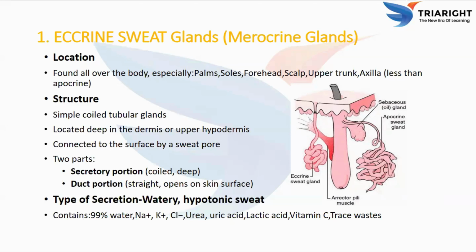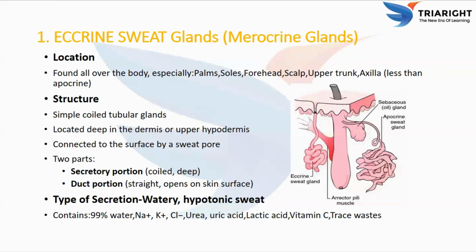These eccrine glands have a simple coiled tubular shape. Coming to structure, they are located deep in the dermis or upper hypodermis, nothing but the subcutaneous layer. They connect to the skin surface by a sweat pore and have two main parts.